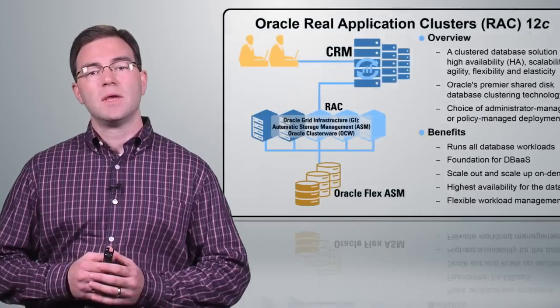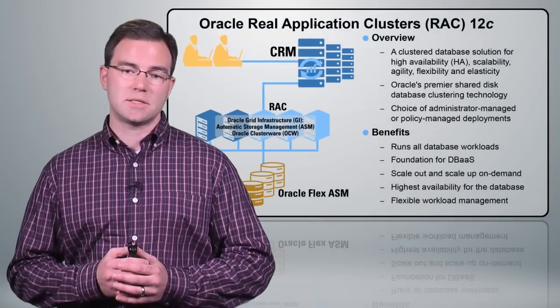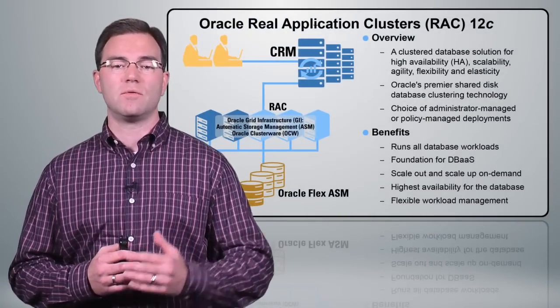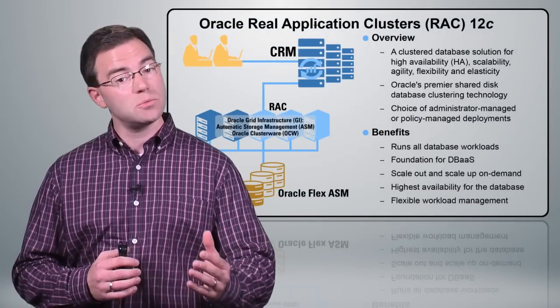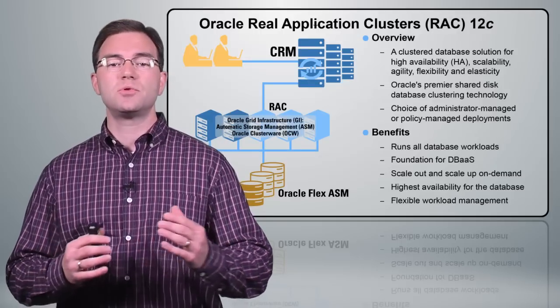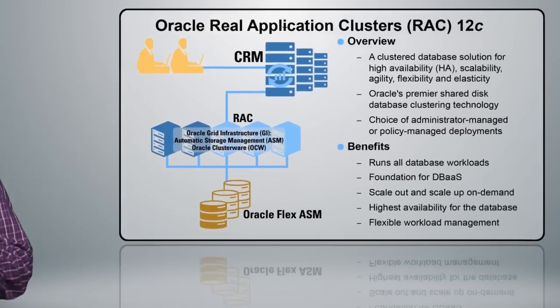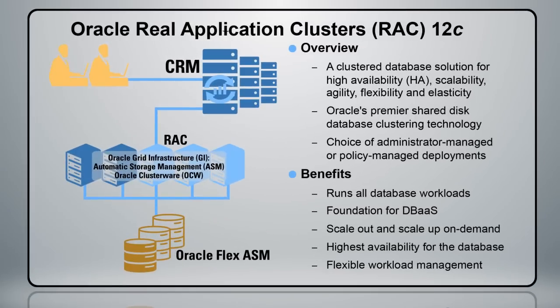That said, Oracle Real Application Clusters hasn't changed over the last years too much, and that was on purpose. We have tried to provide you with a consistent architecture. Oracle RAC is a clustered database solution for high availability, HA, scalability, agility, flexibility, and elasticity.